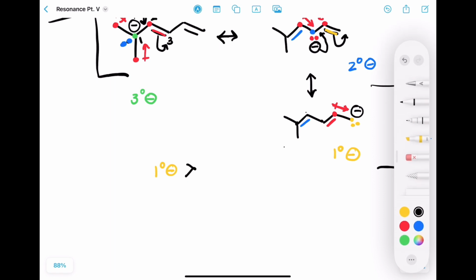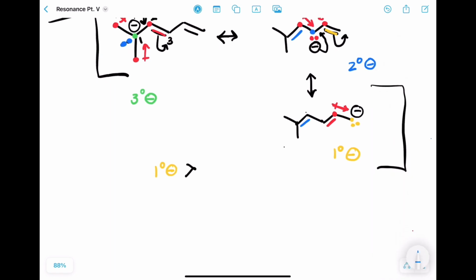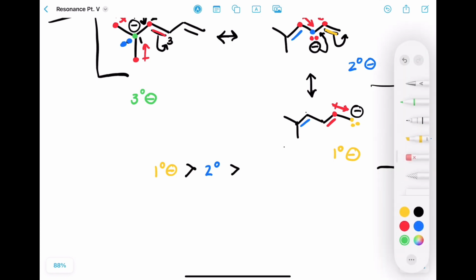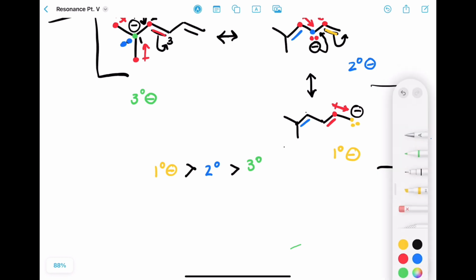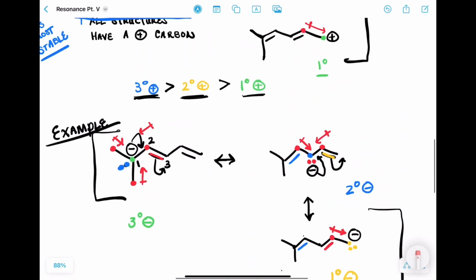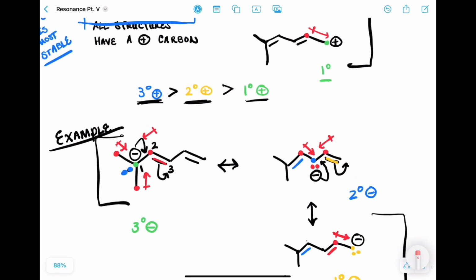We have a secondary in blue. And then lastly, we have a tertiary, which we designated green. Right, and so it's very important to note, when it comes to positive charges, the order of stability.